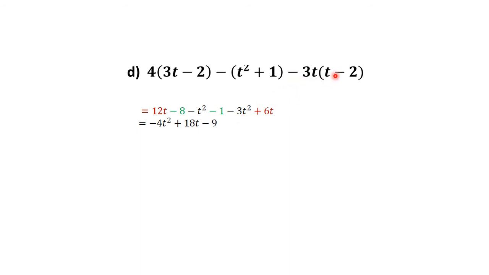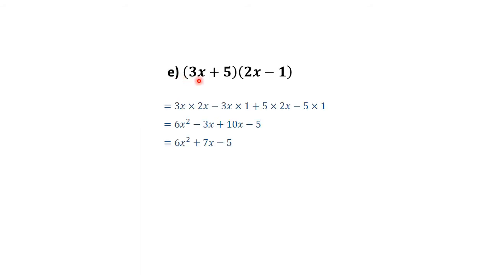Minus, minus plus 3t into 2, 6t. Now we will add the like terms. 12t plus 6t is 18t, minus 8 minus 1 is minus 9, minus t square minus 3t square is equal to minus 4t square. You can write it in any order. I have written it in descending order.